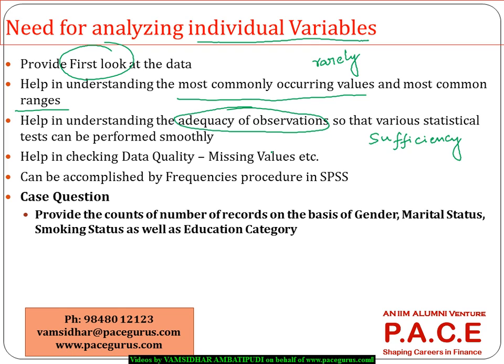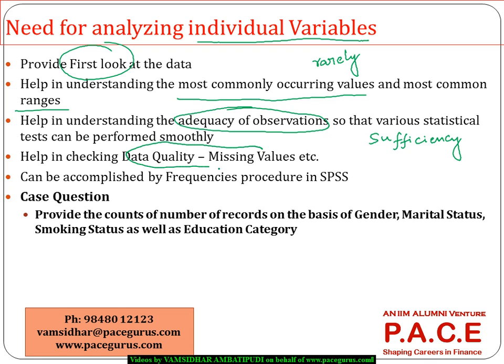Do I have enough representations in each of the categories so that if I have to do some statistical tests or predictions or forecastings at a later point, I have adequate data, or do I need to collect some more data elements? Even that can very well be assessed by doing an individual variable summarization.